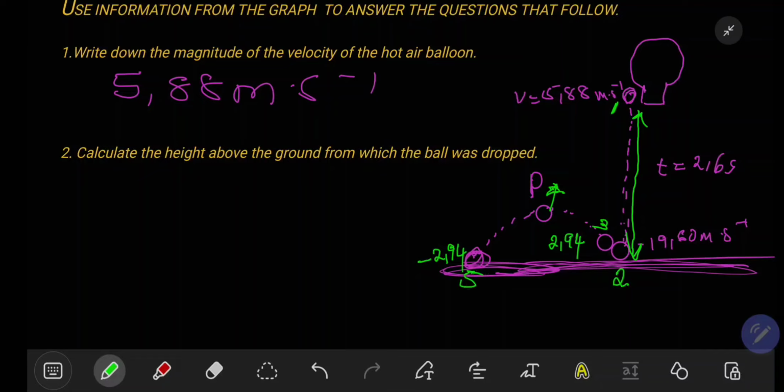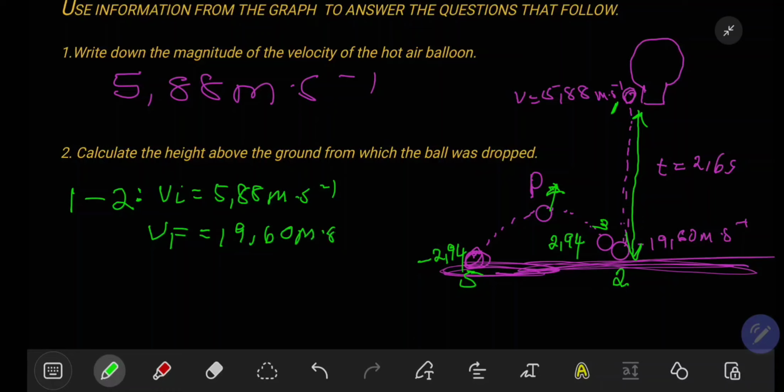So now we're going to focus on path 1 to 2 in order for us to calculate the maximum height above the ground. Then the initial velocity there, we know the initial velocity was 5.88 meters per second, and then our final velocity, which is the velocity at which the ball hits the ground, is 19.60 meters per second.